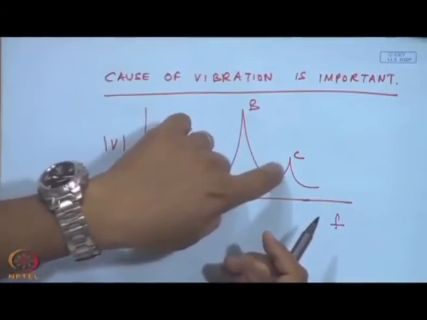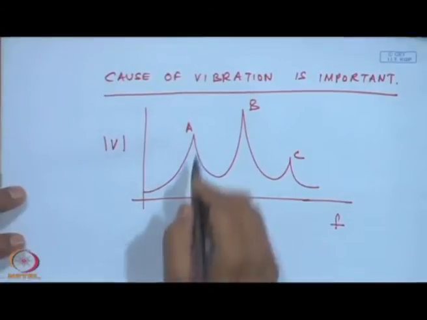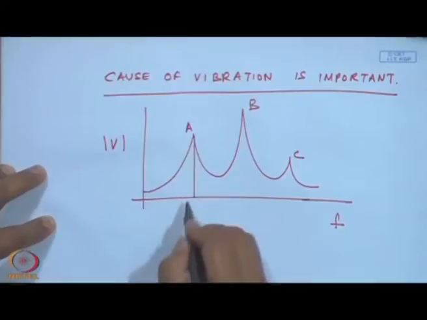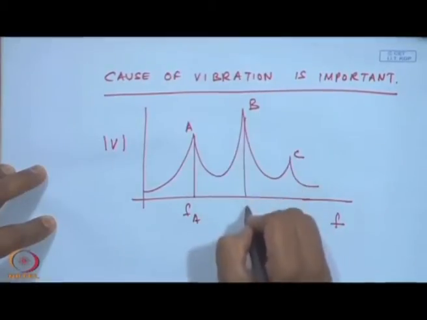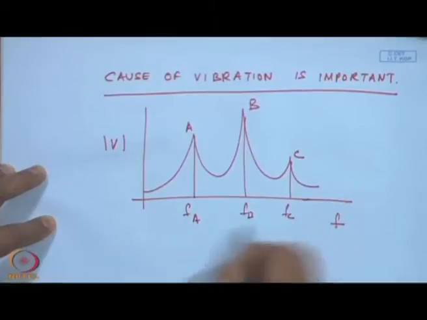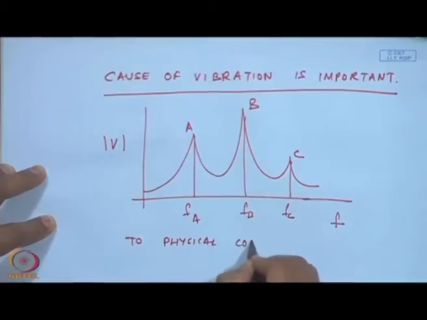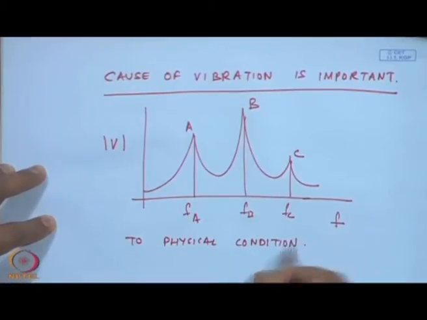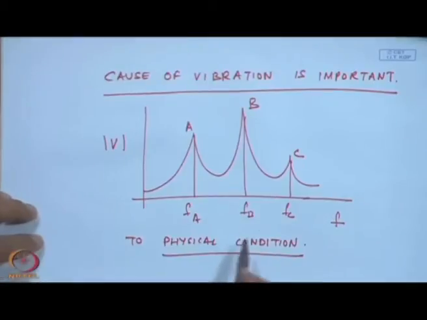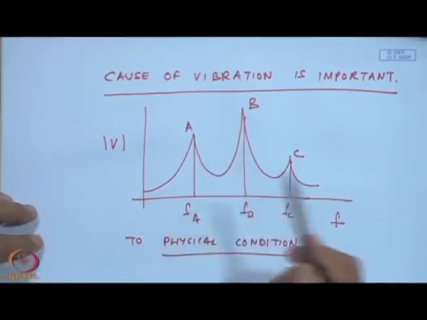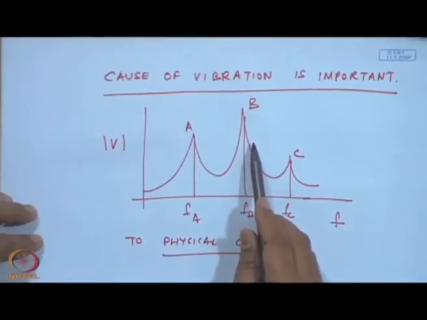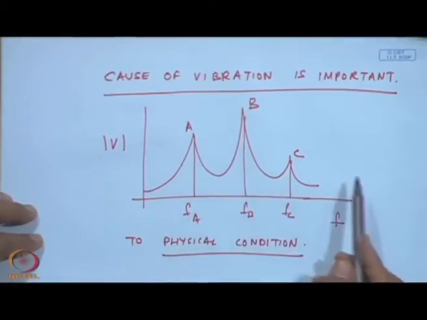But if I do a recording in the time domain, do an FFT analysis, see the individual components which have come up in the spectrum, and then relate these parameters F A, F B, F C to the physical condition, only then can I say, for the high levels of vibration, whether component B is responsible or A is responsible or C is responsible. I can do that.